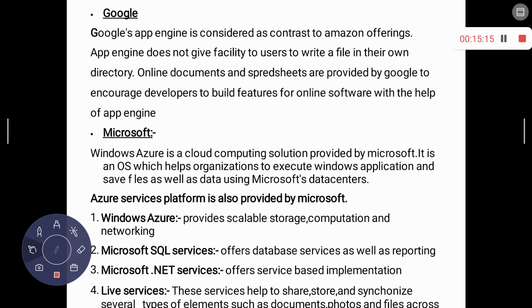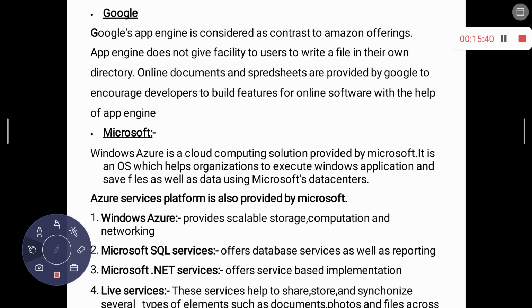So these SQL services, different database tools that we have discussed, offer the database services as well as reporting. Then Microsoft .NET services. .NET services are basically used to develop any applications generally. So the front end part. And SQL services, if I am talking, it is the back end part.